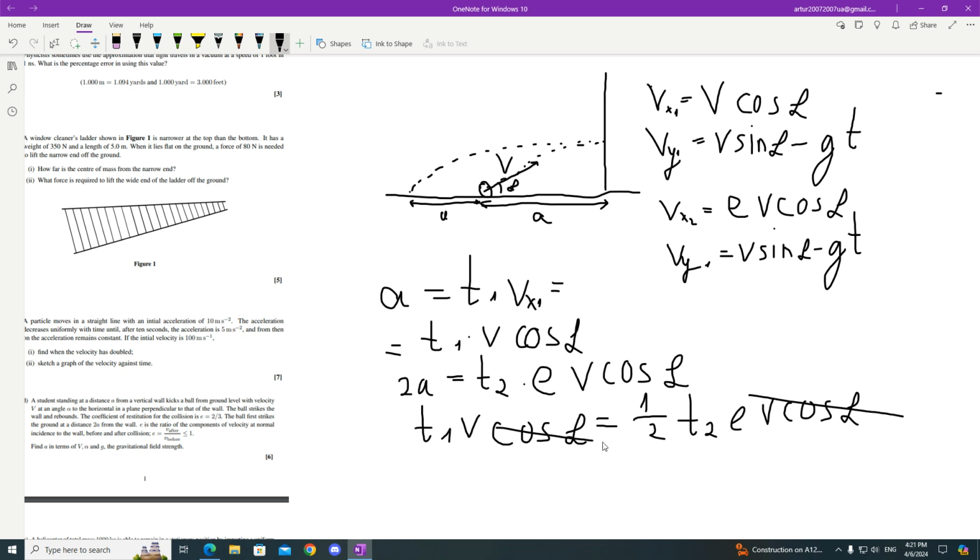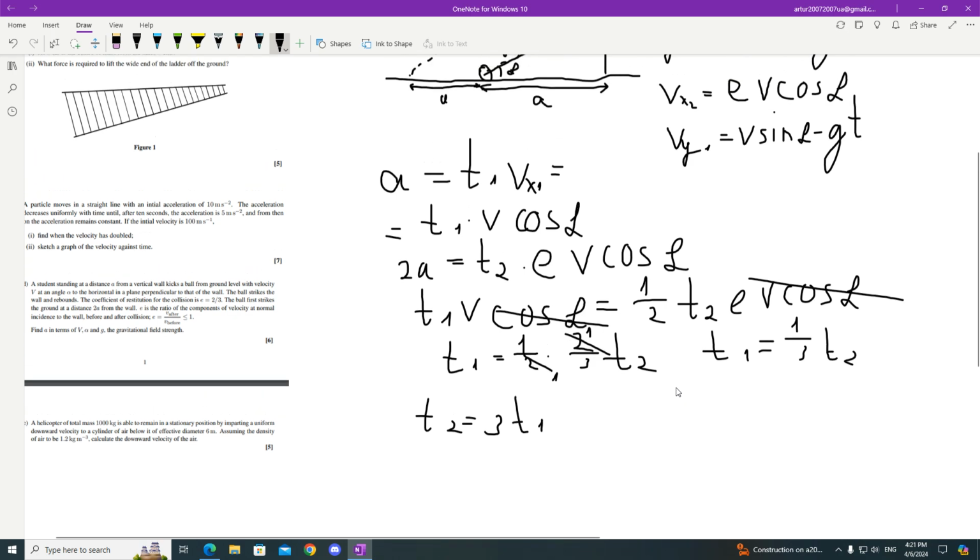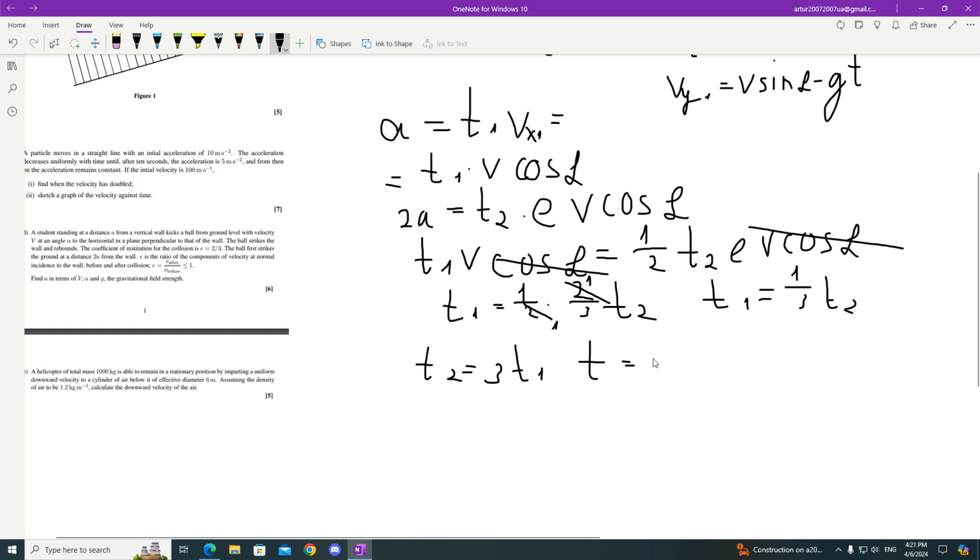We can delete the common factor, and we have that e is equal to 2/3, so t1 is equal to 1/2 multiplied by 2/3 t2. t1 is equal to 1/3 t2. So t2 is equal to 3t1. So the total time is equal to 4t1.